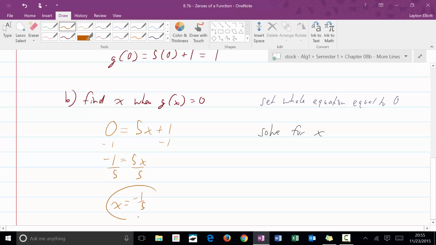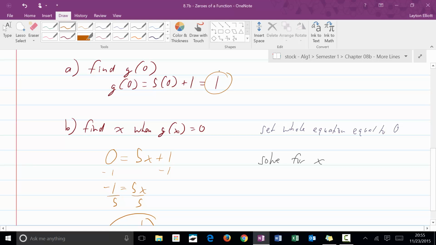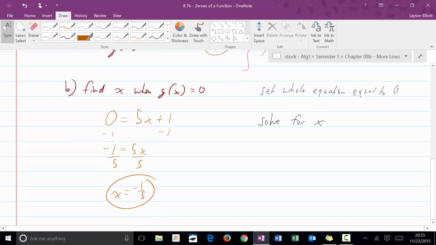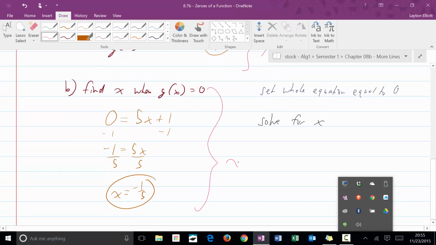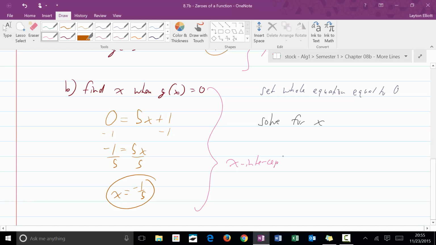So my two answers are this for the second part and this for the first part. It's worth noting that this first part was really a y-intercept. This second part is called an x-intercept, but we have different names for that. It could be an x-intercept, it could be a root, or it could be a 0. And that last name is what we're focusing on. That special name, a 0, is what we mean when we say a 0 of the function.